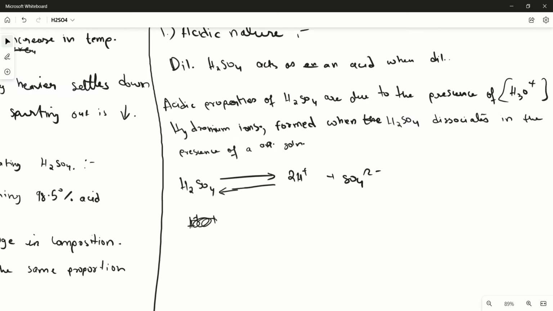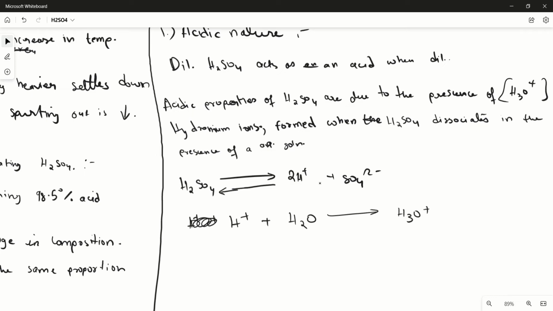Hydrogen plus water gives hydronium. So acidic properties of H2SO4 are due to the presence of hydrogen ions formed when H2SO4 dissociates in the presence of an aqueous solution. So the actual aqueous solution reaction goes like this.